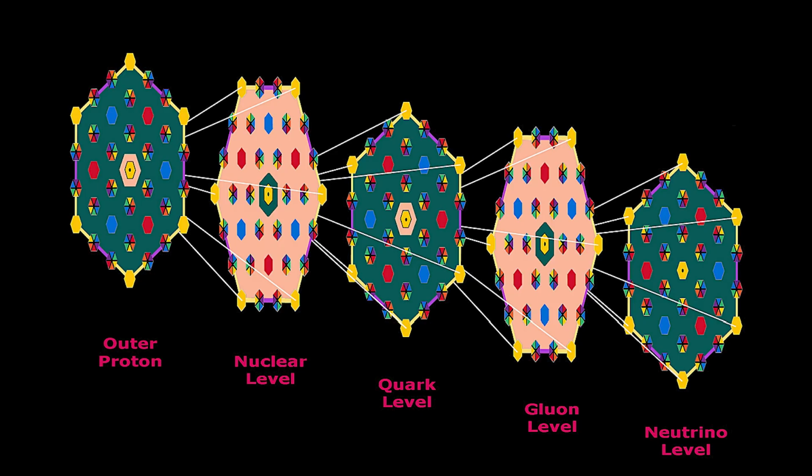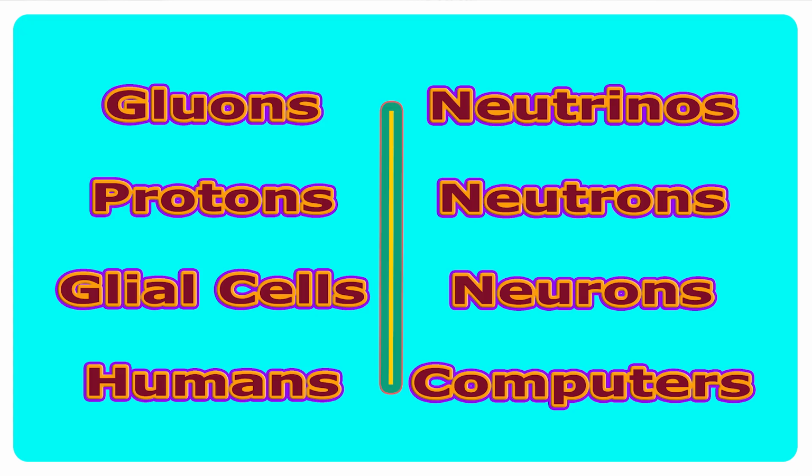Now, remember we've said, or at least I'm saying here, gluons are sort of like protons, which are sort of like glial cells, which are sort of like human beings. And neutrinos are sort of like neutrons, which are then sort of like neurons, which are then sort of like our computers. But aren't we humans and our computers at the same level?